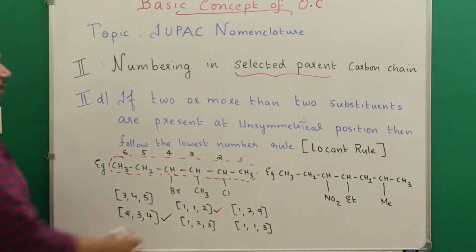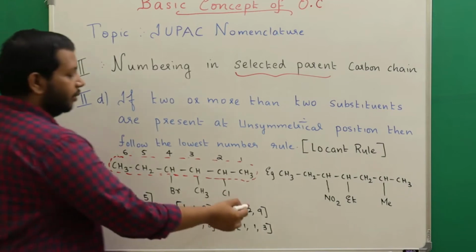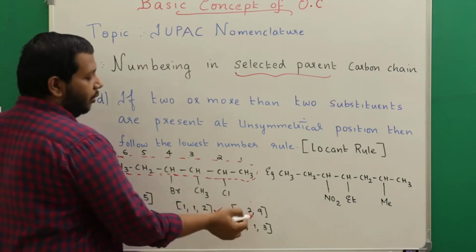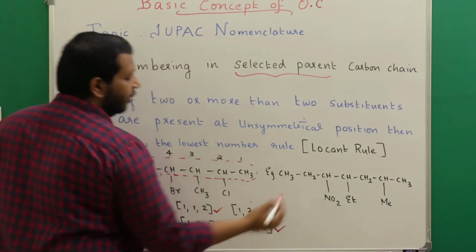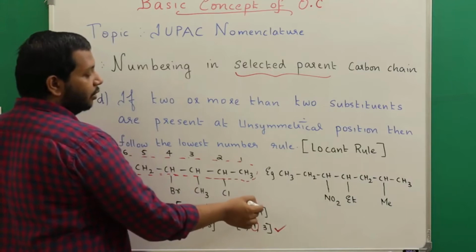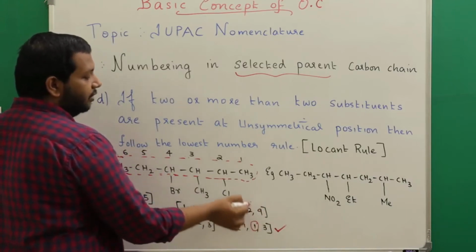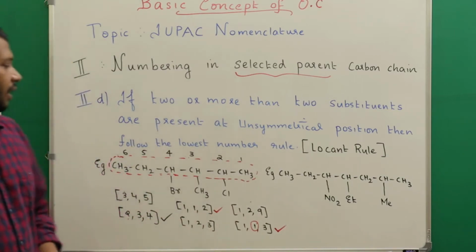On comparing the first one, I understood both are the same, so you cannot conclude. I go to the next one. On comparing the next one, this is 2 and this is 1. The lowest number is 1 here, so this is my locant. Some students will make a mistake and go to the third one. They will say, sir, 3. So please stop at the point where you see the first difference. That is very important. I hope you understood.